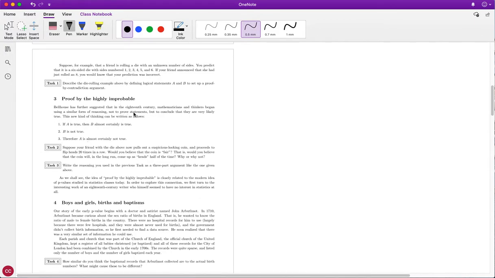On that note, then, proof by the highly improbable. Suppose that your friend with the die above now shows up with a suspicious looking coin and proceeds to flip heads 20 times in a row. Would you believe that the coin is fair? That is, would you believe that the coin will, in the long run, come up as heads half of the time? Why or why not?